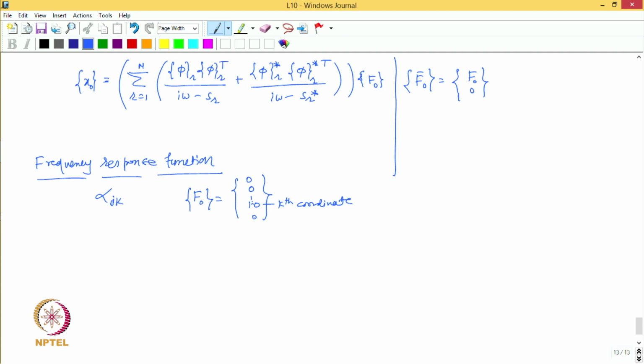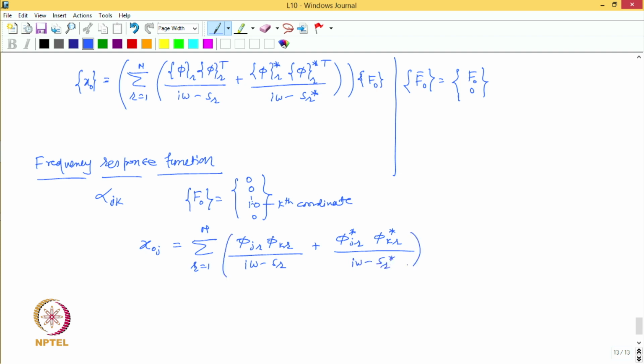Then if we substitute this in the equation above, and extract only the jth response, the response at only the jth coordinate, that would be simply x o j, and that would be given by phi j r phi k r upon I omega minus s r plus phi j r star phi k r star divided by I omega minus s r star, and this is nothing but alpha j k.